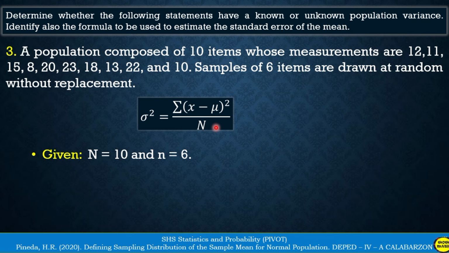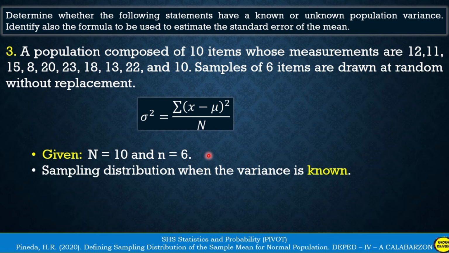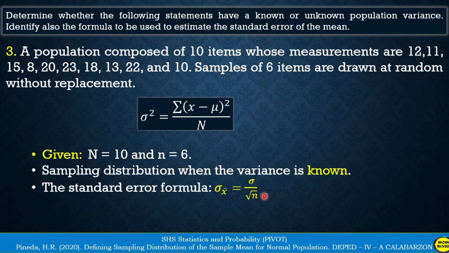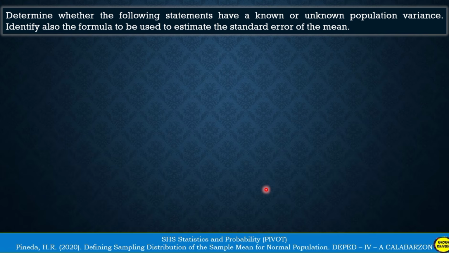Wala sa given yung population variance, pero makukompute natin yung population variance using this formula. So, therefore, this is an example of sampling distribution when the variance is known. And we can solve the standard error using this formula, okay? The population standard deviation over the square root of the sample size.